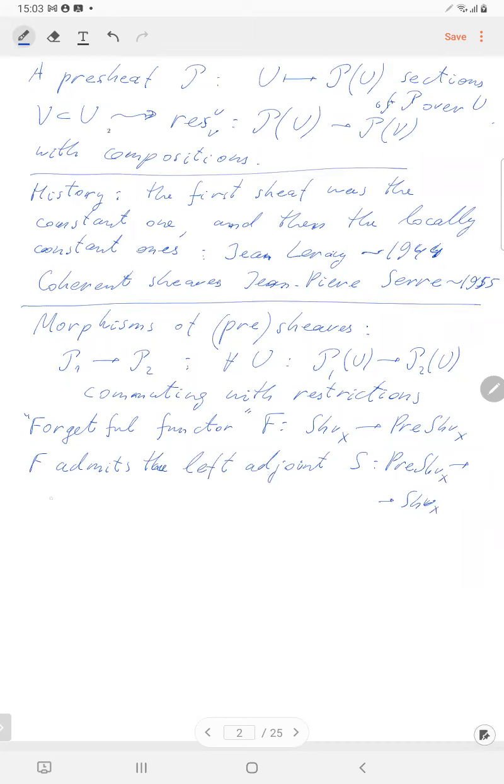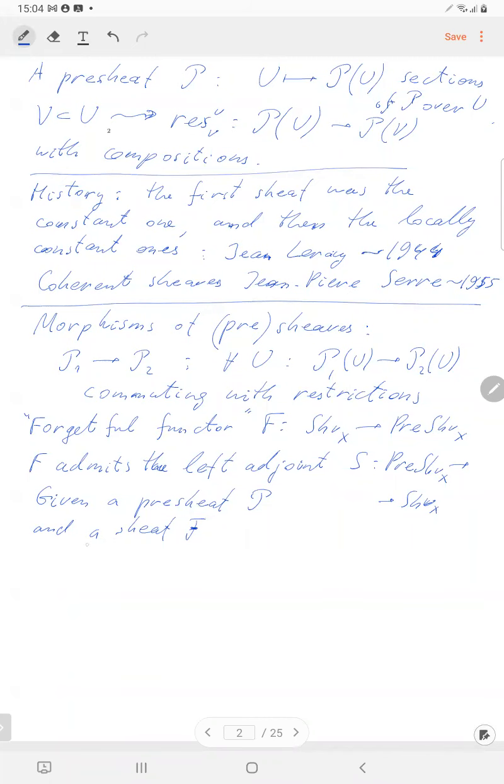It means that given a pre-sheaf, say P, and a sheaf F. So F is because Jean Leray was a French mathematician, and in French, sheaves are called faisceaux. And by the way, this is the same root as in fascist.